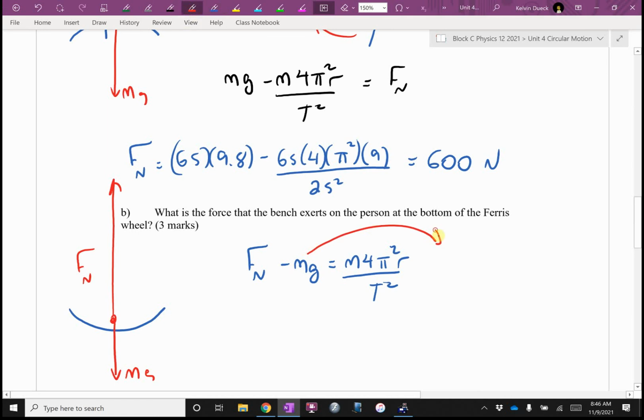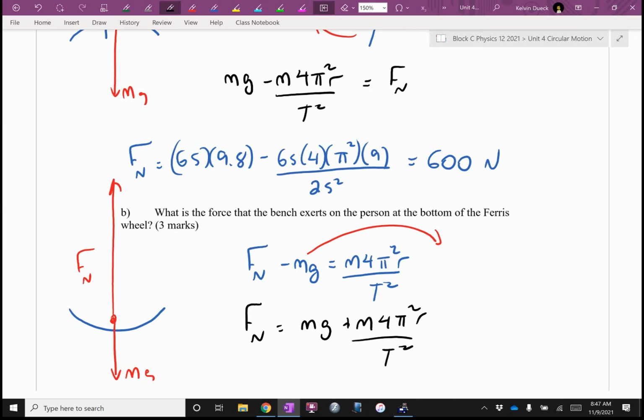I think I can just plus this over. I'm going to get normal force equals mg plus m 4 pi squared r over T squared, or m 4 pi squared r over T squared plus mg.